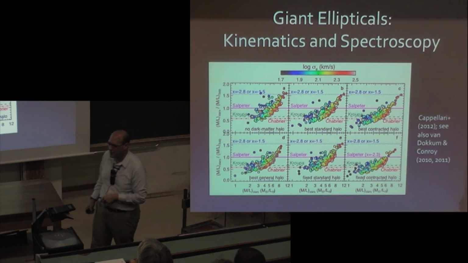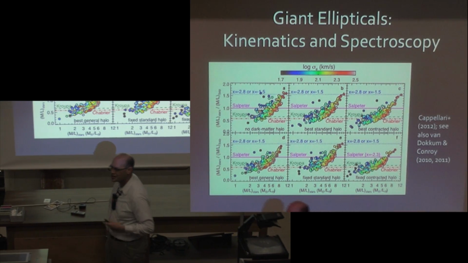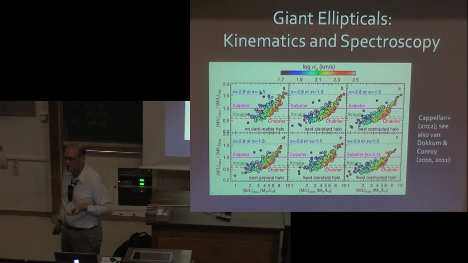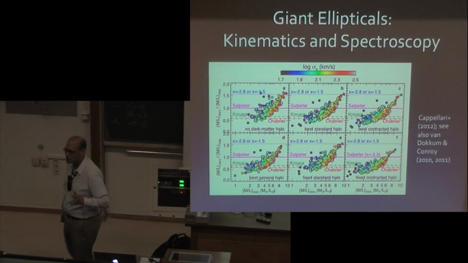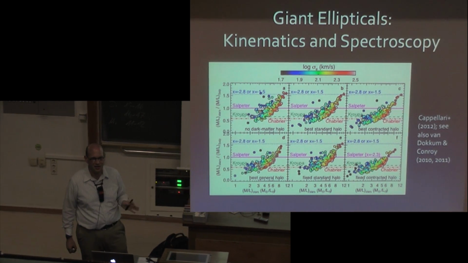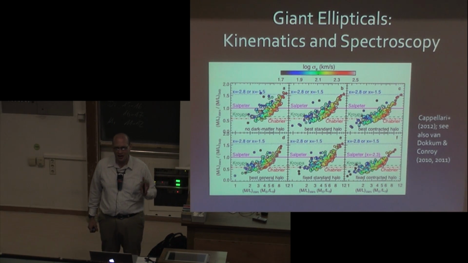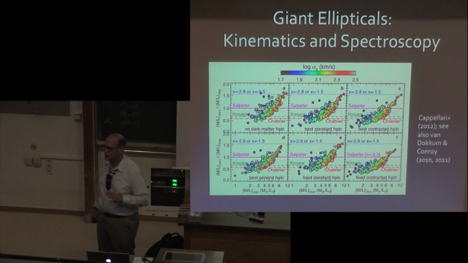All right, now that's one line of evidence, and if that's all there was, I don't think anyone would take it that seriously. But there's a second independent line of evidence in favor of an overabundance of low mass stars, and that comes from the presence of certain spectral features that are unexpectedly strong. And I'm not going to go into the details of that, but there are these two independent lines of evidence. So it seems at least plausible that the IMF is slightly different in giant ellipticals.